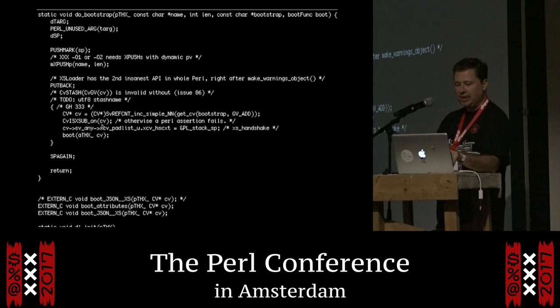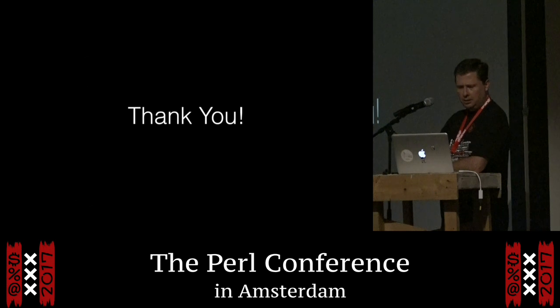We then flip that it's an XS sub on that CV. We put some stack information into that CV in one of its any slots in its pad list, and then we call boot, which is that C function that we passed in to it, and that's how we go ahead and reconstitute things when we execute our binary. I thought there was more, but I think that's the end.